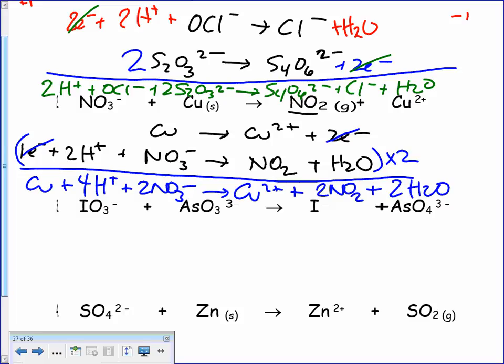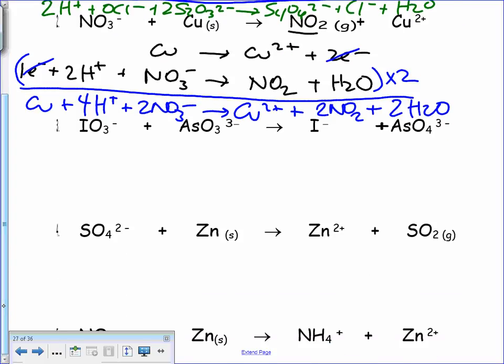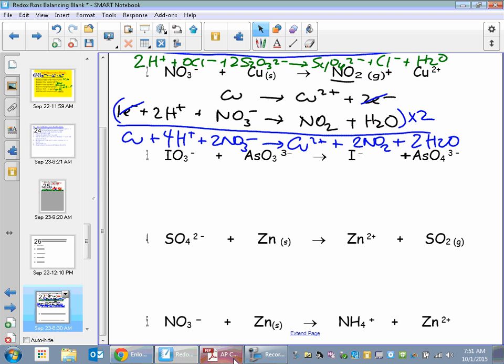And then I'll decide on how many of the last ones I want to do. There are 19, so whatever I'm doing is helping. Take about 10, maybe less than 10 minutes, and then we're going to talk about balancing in base. And base is actually just as easy.